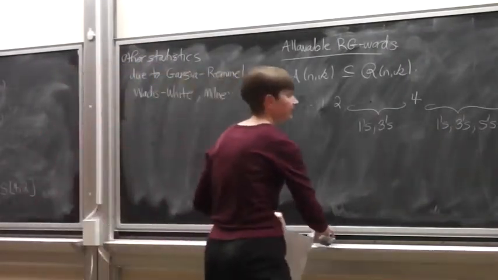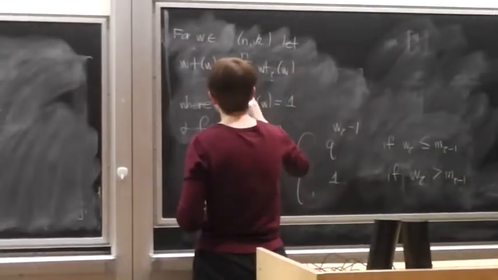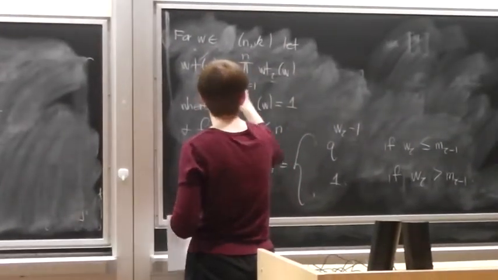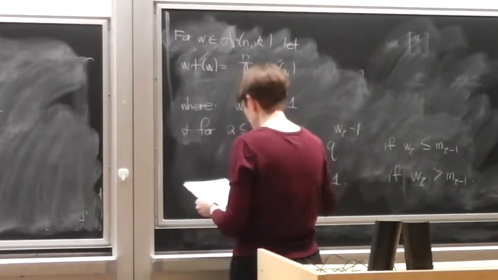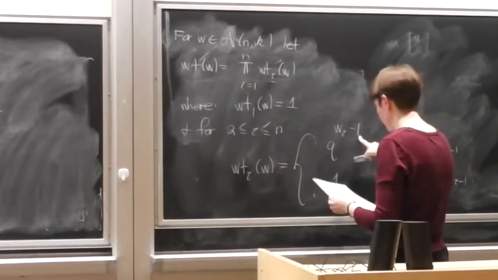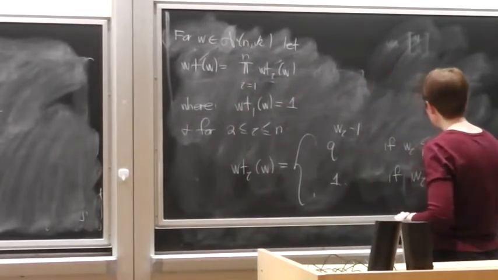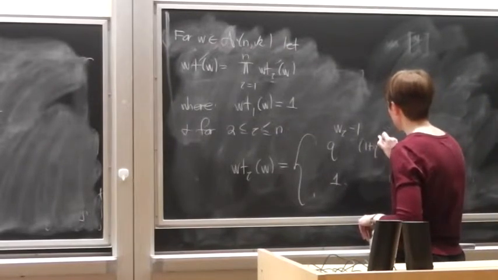So, let's put it over here. So, the prime here, here, this is going to be the same. This is going to be a little bit different. So, q to the wi minus 1. When we have strictly less than, we're going to pick up a 1 plus q.